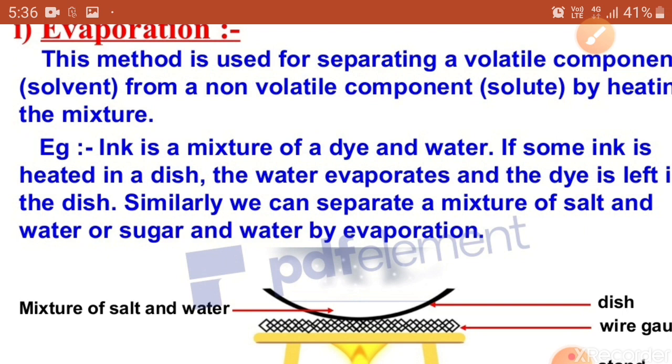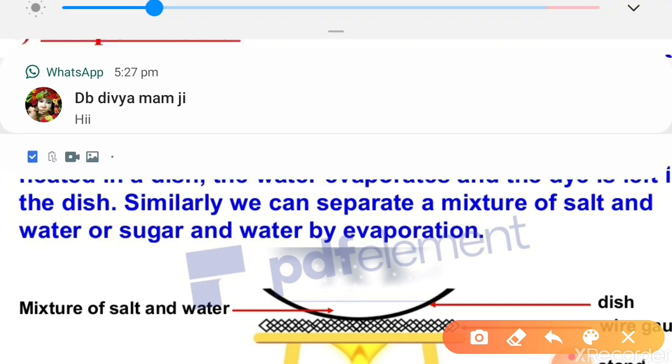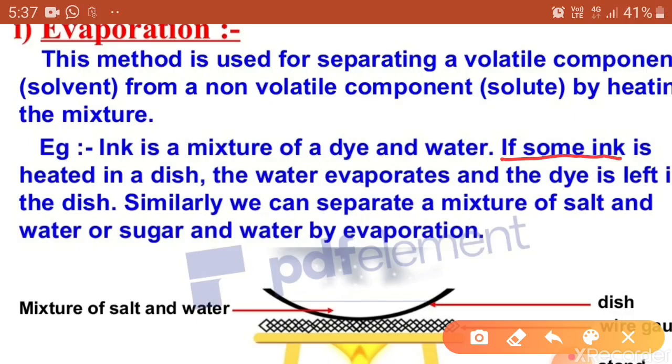Let's see how. For example, ink is a mixture of dye and water. If you want to separate the dye from the water, and some ink is heated in a dish, the water evaporates and the dye is left in the dish.